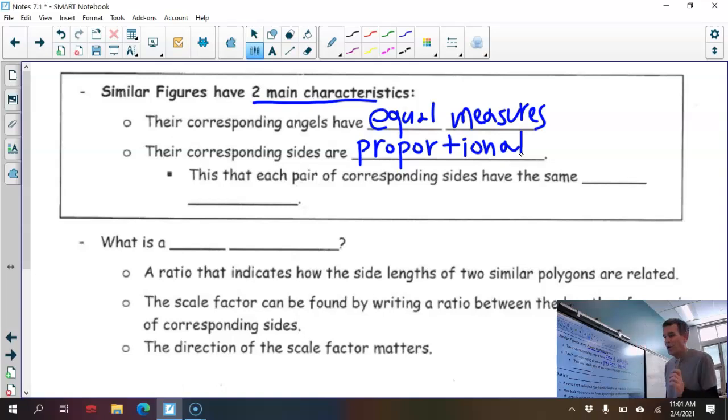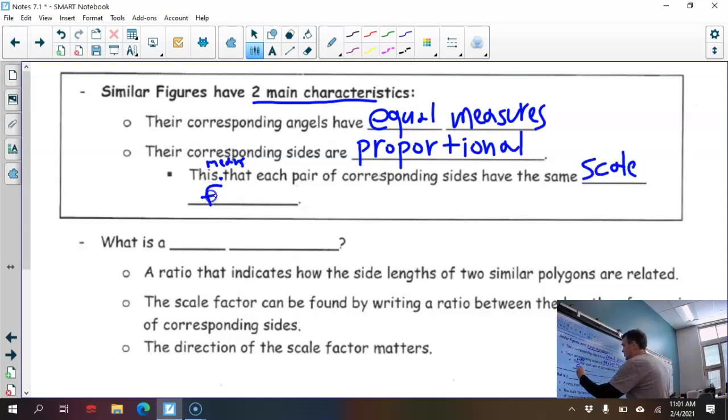Corresponding sides are proportional, and we're going to spend a little time talking about that. This means that each pair of corresponding sides have the same scale factor. That is something that maybe you learned about in Math 8 last year, but if not, we're going to talk about it anyway.